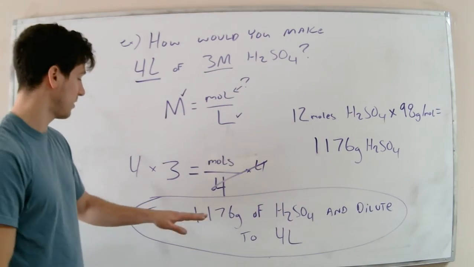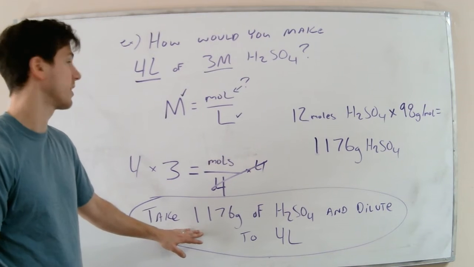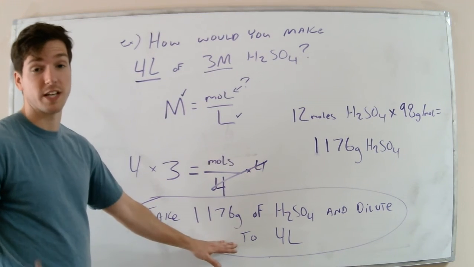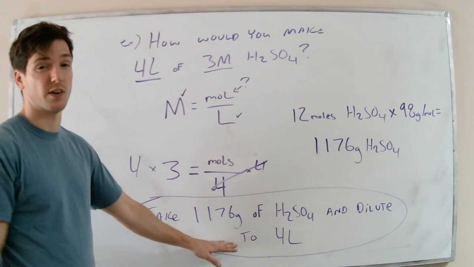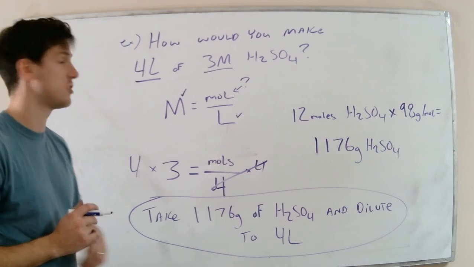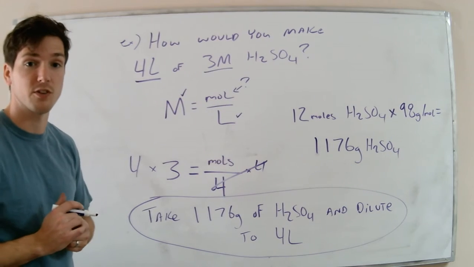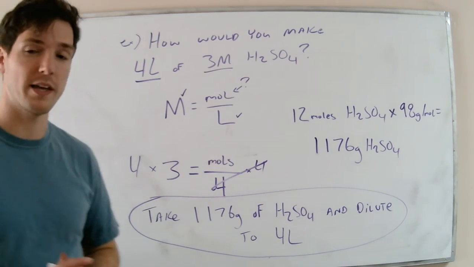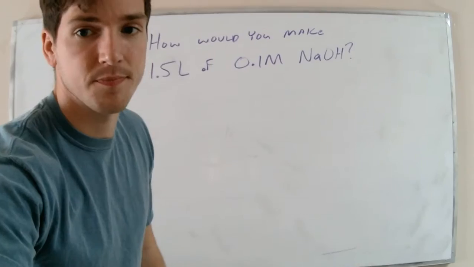We're going to take that large mass of H2SO4, we're going to put it in a beaker, and we're going to fill it until, or dilute it till it's 4 liters in volume. That's how we make a 3 molar H2SO4 solution if we want 4 liters of it, okay? So that is what I'm going to be asking you. Let's do one more like this, and then we'll be done.